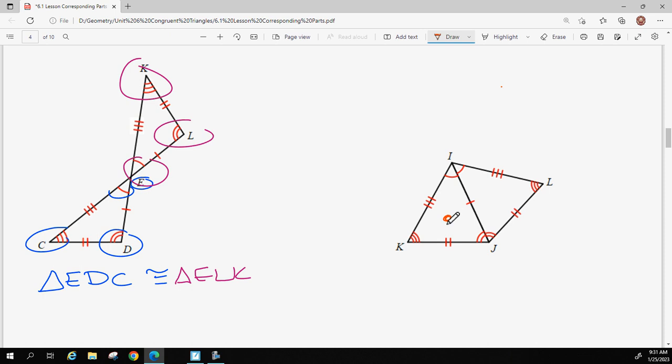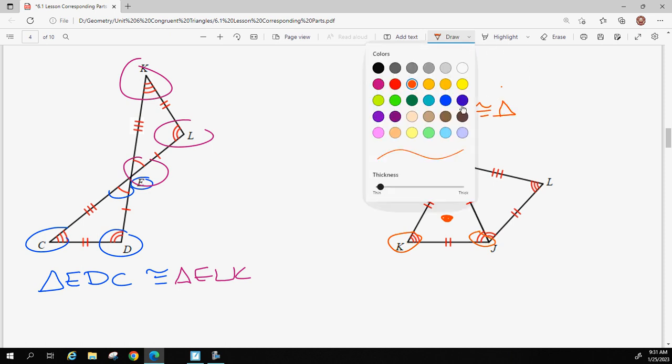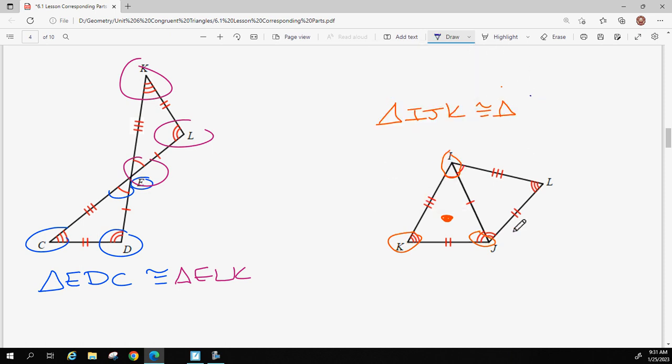Again, I'm going to start with the name of this triangle here. And I'm going to start with the angle that has 1 arc. That's I. And then the angle that has 2 arcs is J. And then 3 arcs is K. And then over here, I'm going to go 1 arc. Again, that's I. It's not always the case that it's the same letter.